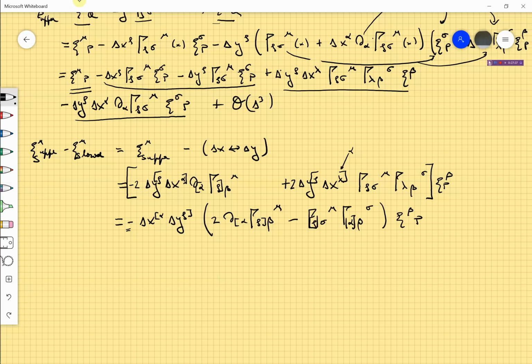I didn't say it before, but because this is antisymmetric here in rho and lambda, this is automatically antisymmetric in rho and lambda. Just because here we have this order alpha rho, then I want to have the same order here. So let me write the final result in this way.